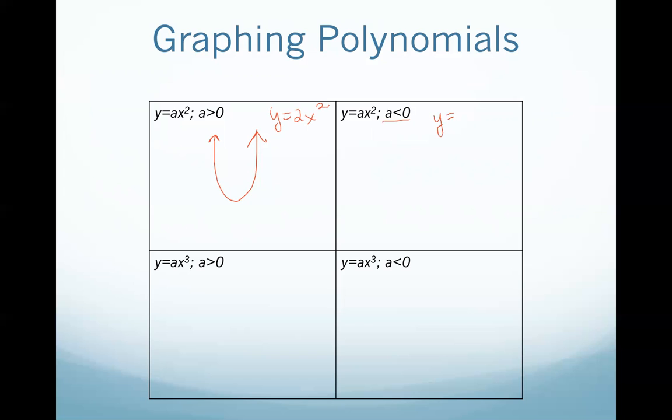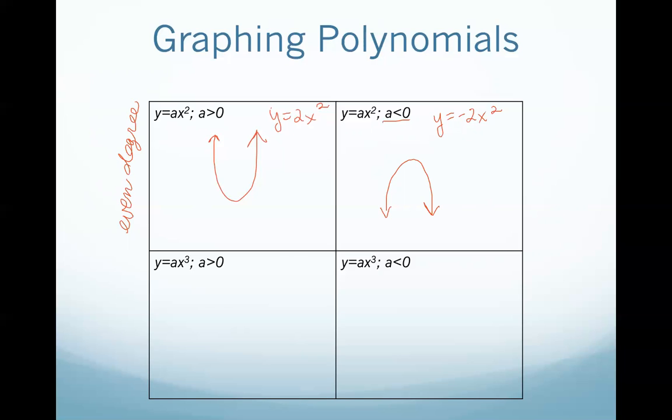What if I had y equals negative 2x squared? Well, the negative makes it upside down. So instead of opening upward, it opens downward. Okay, now this is going to be true whenever we have an even degree. So when the exponent is an even number, we'll always have something in this shape.